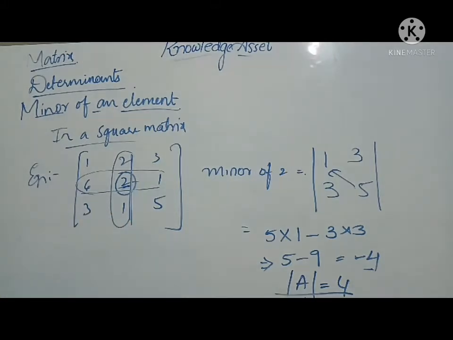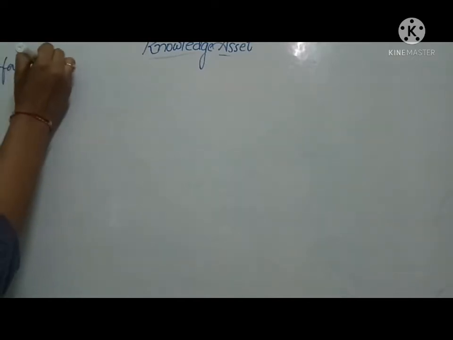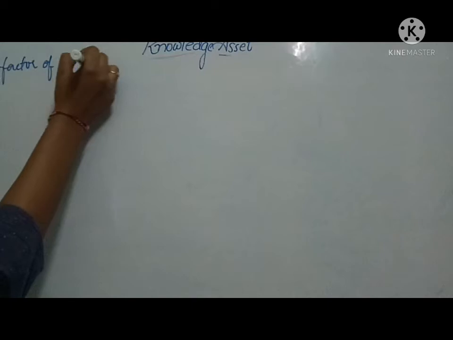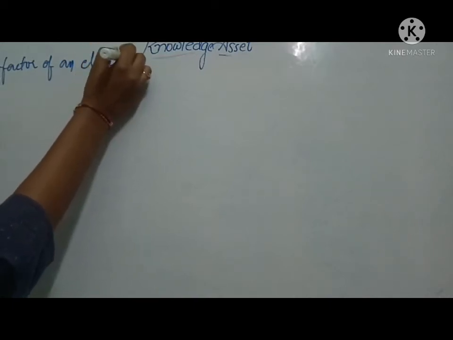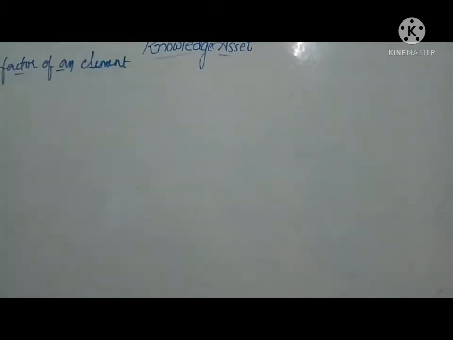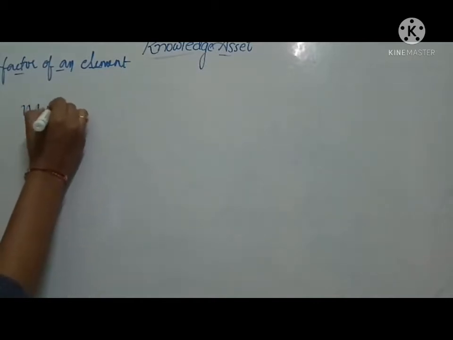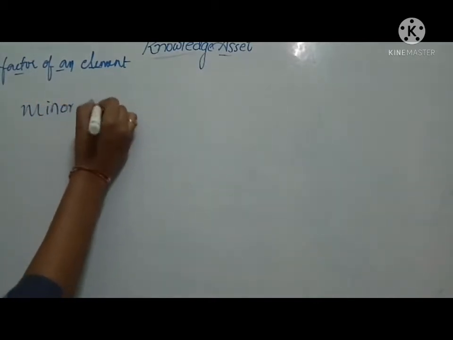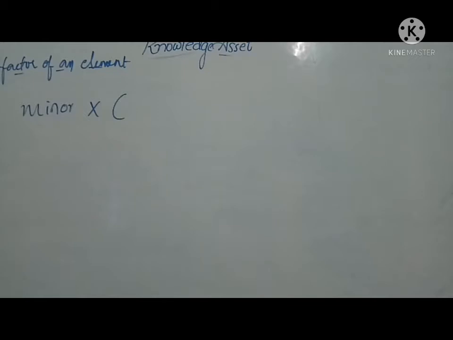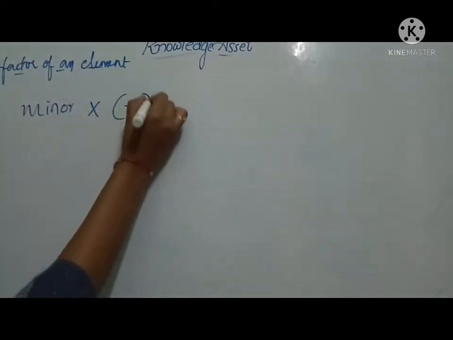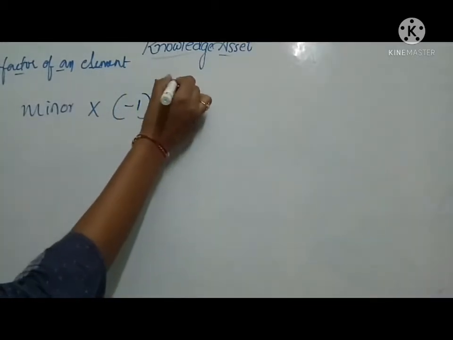Next, coming to the cofactor of an element. What is the cofactor of an element? The cofactor of an element is the minor of the element multiplied by minus 1 to the power i plus j.